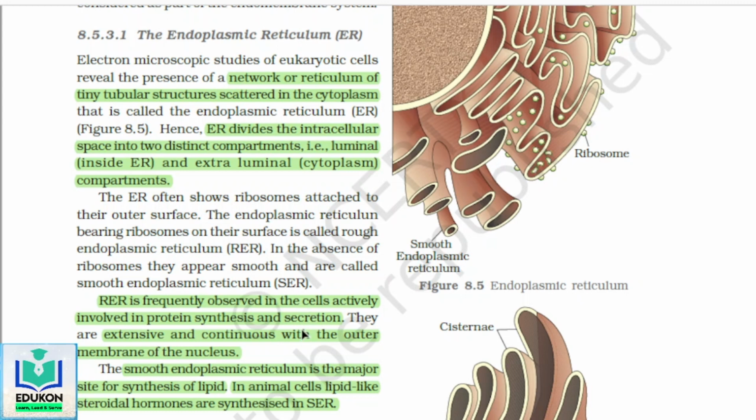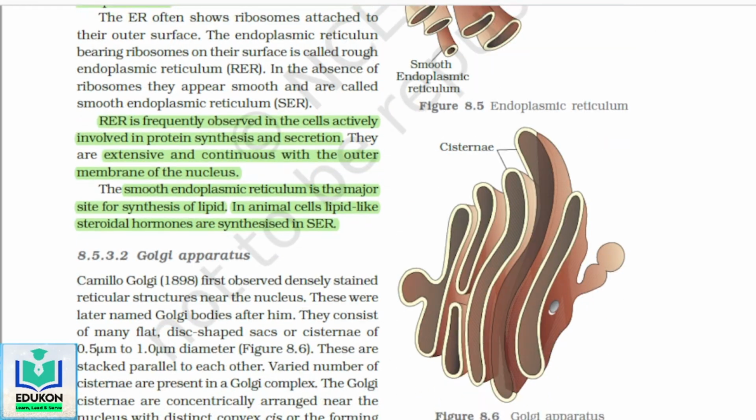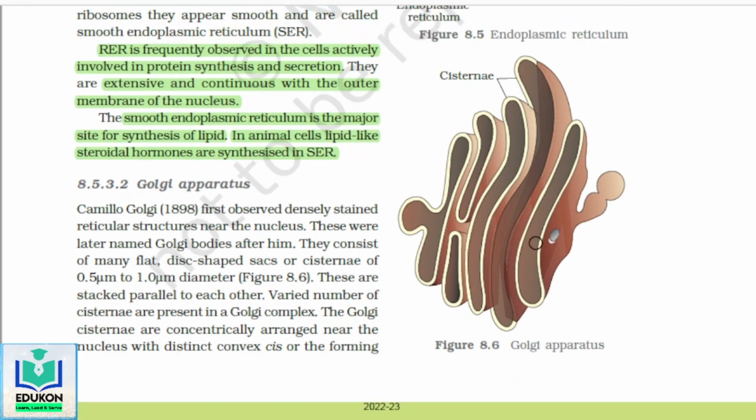You need to remember these two things. The smooth endoplasmic reticulum is the major site for lipids, and the most important thing to consider is that steroidal hormones in animal cells are synthesized by the smooth endoplasmic reticulum, because these steroidal hormones are like lipids. So we conclude this and go to the next organelle, called the Golgi complex.